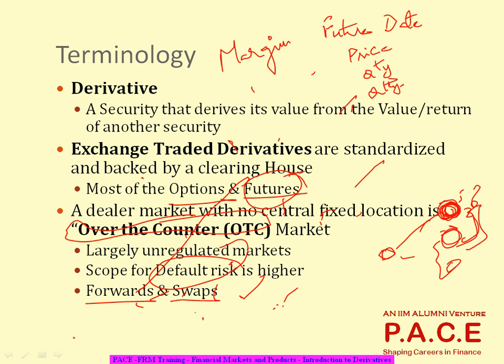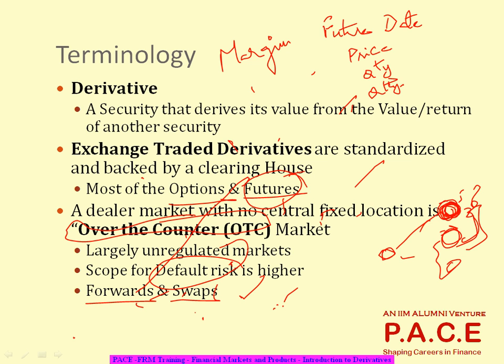But yes, if both parties agree that we'll have some kind of margins and we'll do the settlement accordingly, without the presence of an exchange, we'll try to create the flavor of an exchange, probably they can very well do that. So that is the way they can try to reduce their counterparty defaulting risk in case of forwards and swaps also.